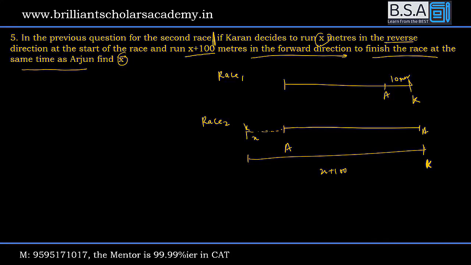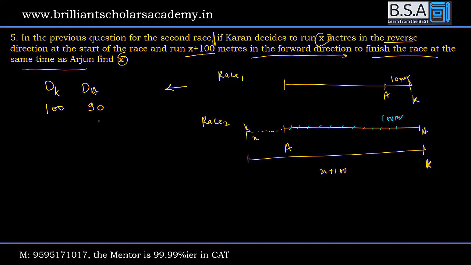Now apply a little logic. What hint do we get from the first race? When Karan travels 100 meters, Arjun travels 90 meters. Now focus only on the person whose information you have. Whose information is it? Arjun's. How much is Arjun running? Arjun is completing 100 meters.